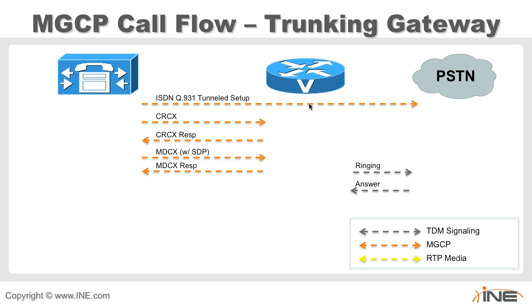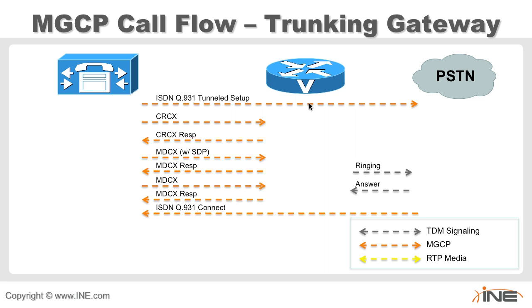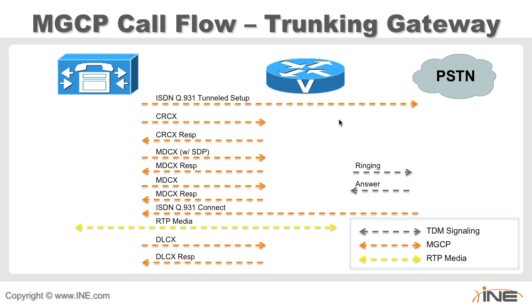We have ringing and answering. Then we tell it to do another modify connection and get a response to deal with any other information regarding the media. And then the layer 3 ISDN Q931 connect comes back from the PSTN. The RTP media, and then later when we're done, the delete connection and that response.